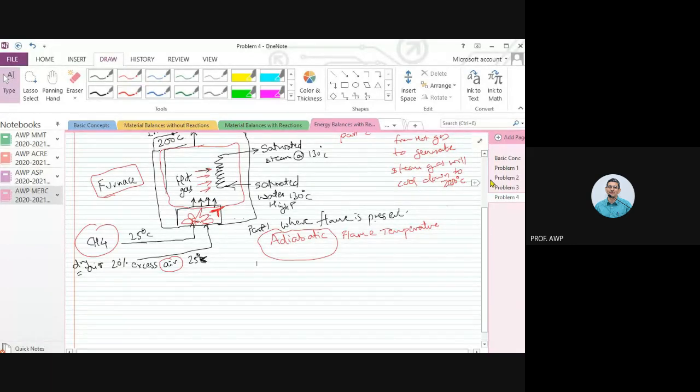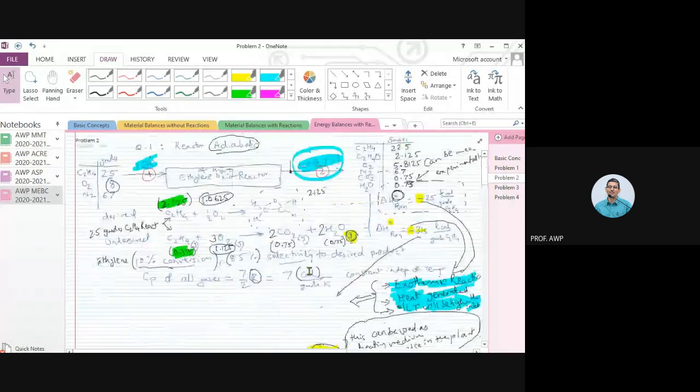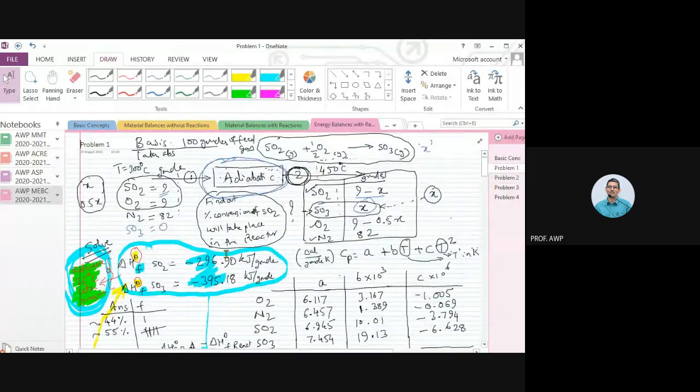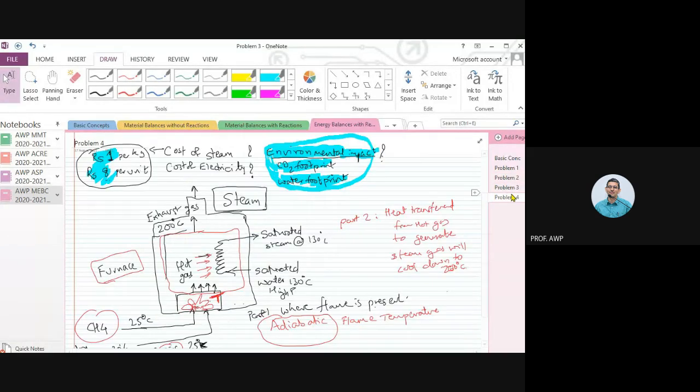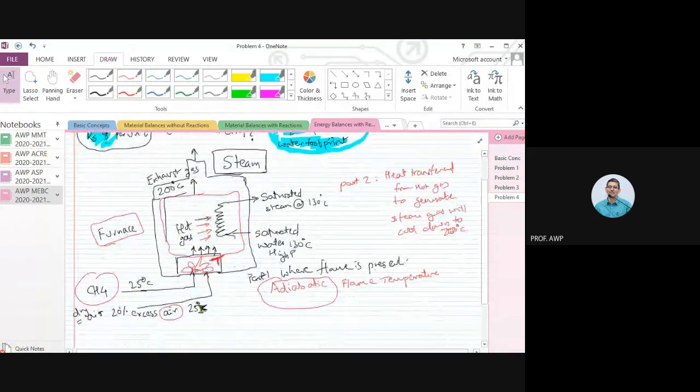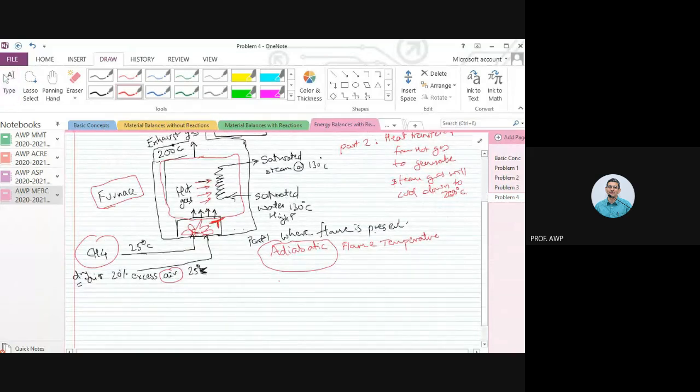Adiabatic because all the heat of combustion is going in heating the gas to a high temperature, like our sulfur dioxide problem or ethylene oxide problem. All the heat of reaction went in heating the gas. Now the reaction is not SO2 going to SO3, it is not ethylene going to ethylene oxide. The reaction now is combustion reaction.